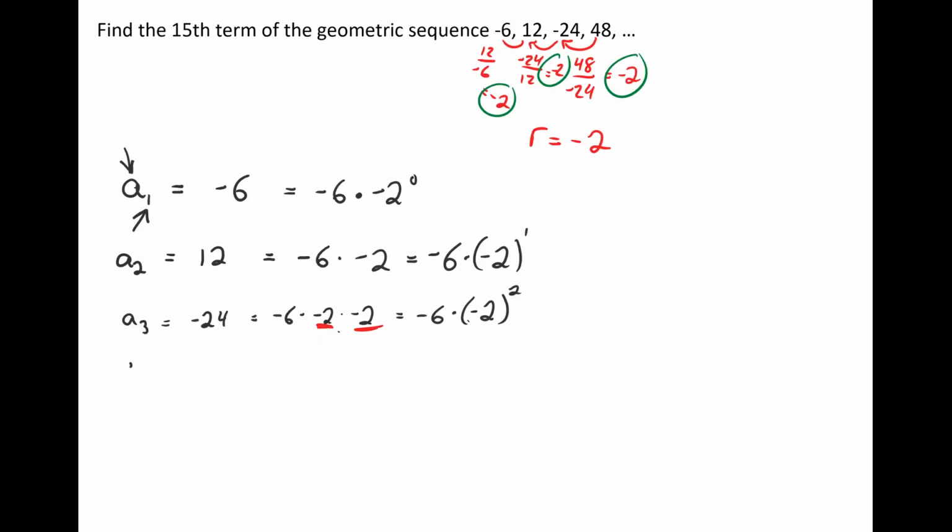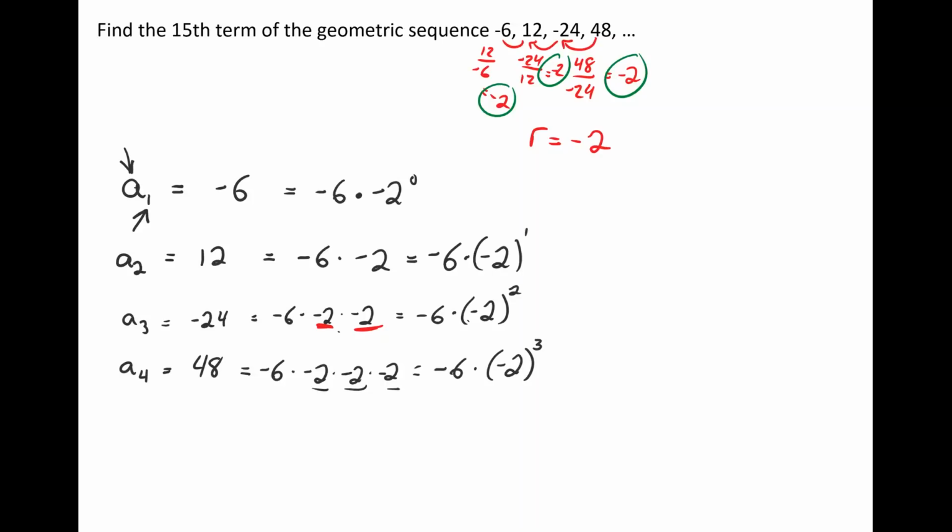What about the fourth term? A sub 4 is equal to 48, which is equal to negative 6 times negative 2 times negative 2 times negative 2, which is negative 6 times negative 2 to the third power.